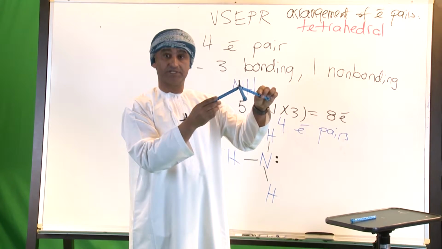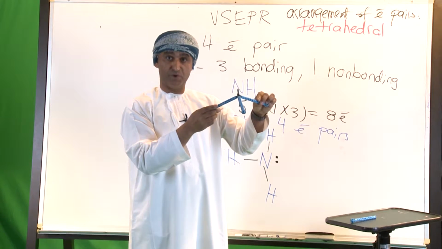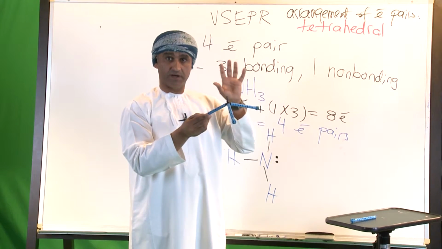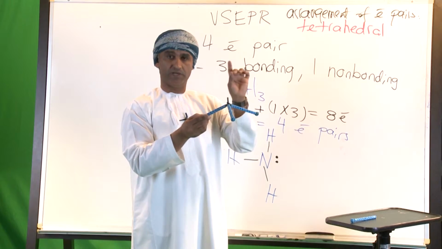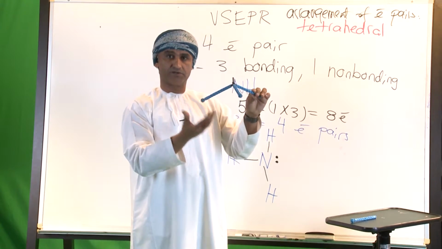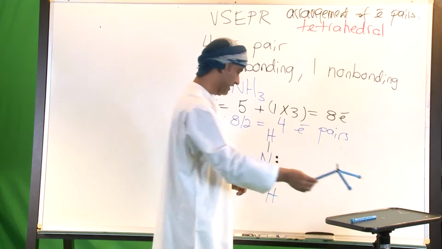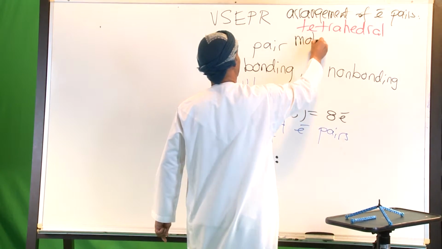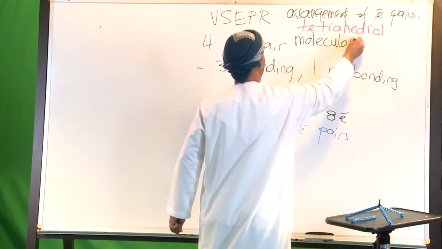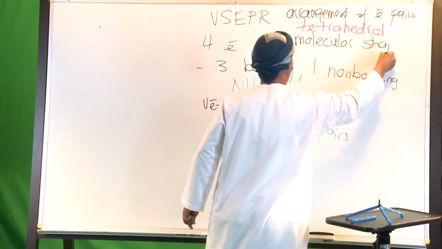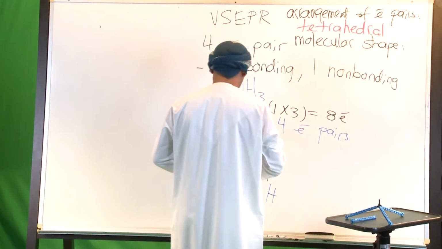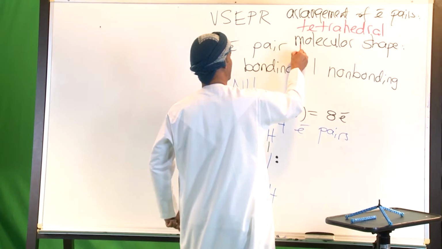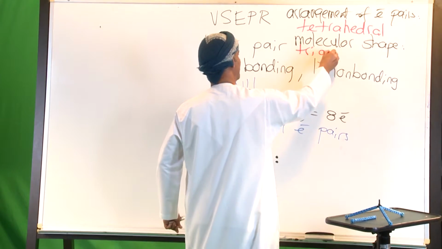So the molecular shape in this case of ammonia, and in all cases when there are 4 electron pairs and one of them is a lone pair, is trigonal pyramidal or triangular pyramidal.